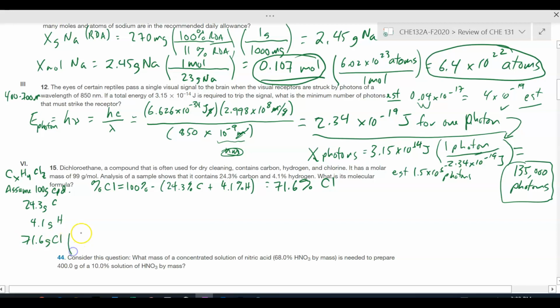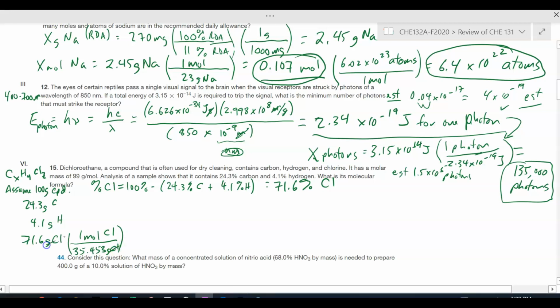For the chlorine, if you look on the periodic table, 1 mole of chlorine is 35.453 grams. Oftentimes we just shortcut that as 35.5, but certainly never round it to 35 or 36.